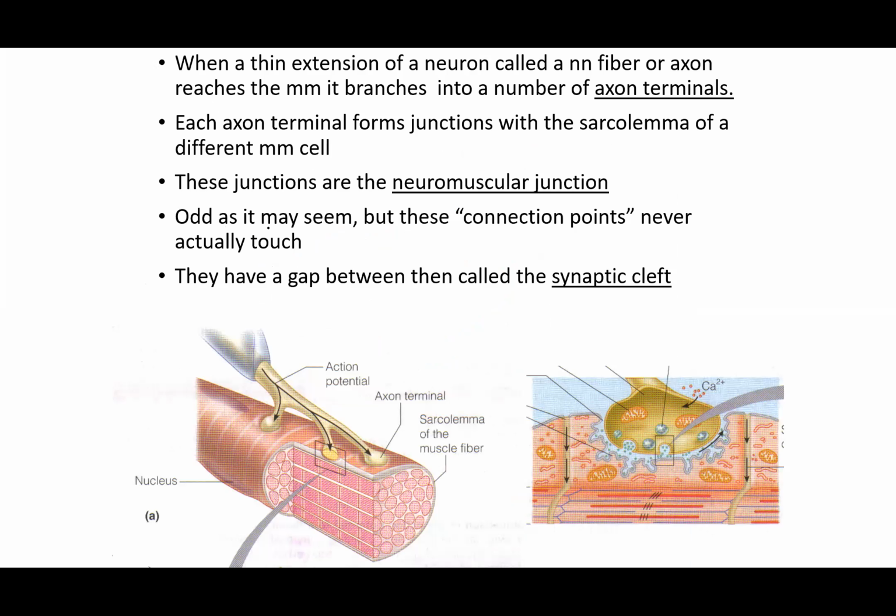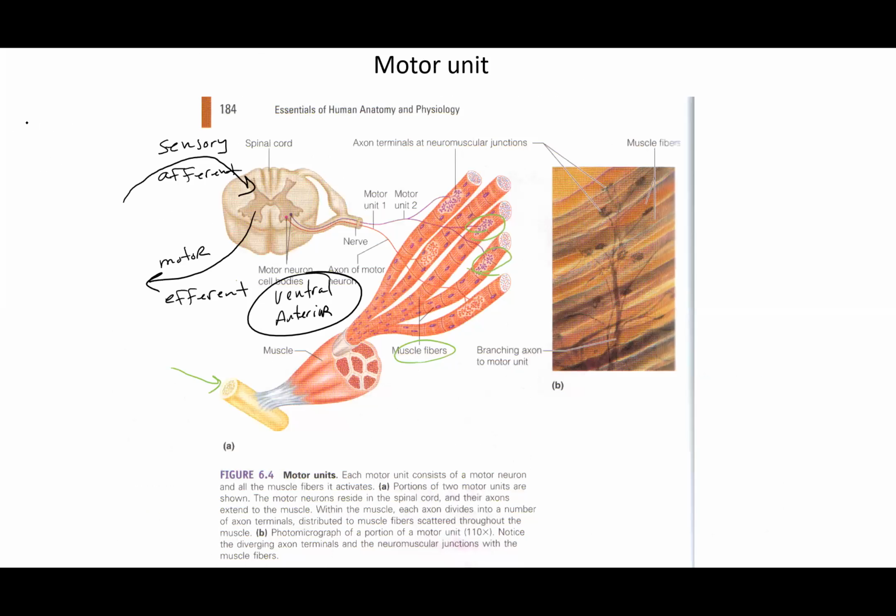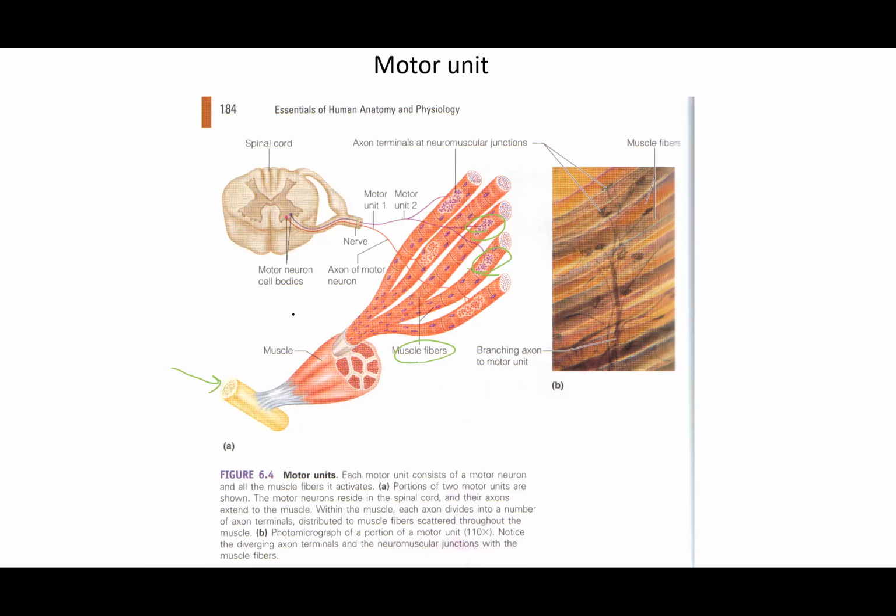Okay, so as far as the anatomy of this particular nerve going into the muscle, we have different components. Here's the spinal cord up here, with that butterfly shape that we saw here. You'll hear me reference that quite a bit, just the butterfly shape.